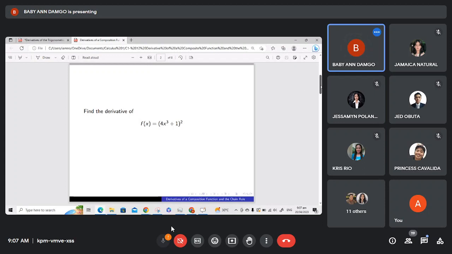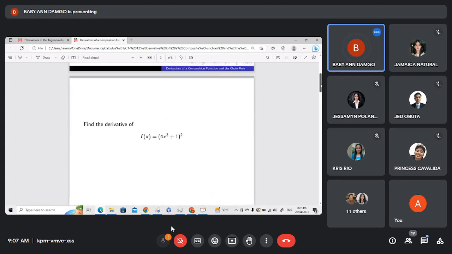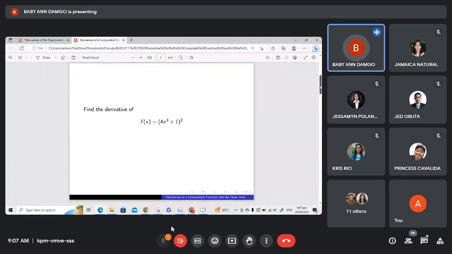Okay. So we need to find the derivative of f of x, which is equal to 4x cubed plus 1 to the power of 2. This is another practice. I will give you 5 minutes to solve this. We'll go back at 9:13.